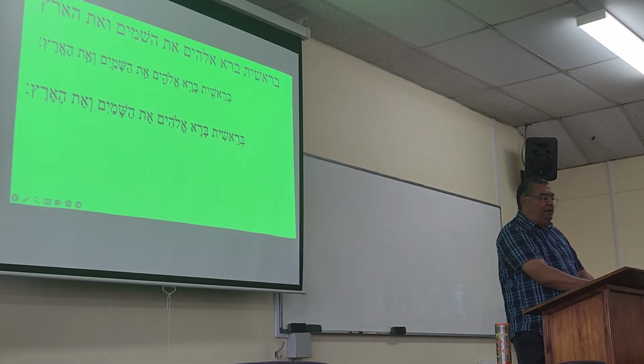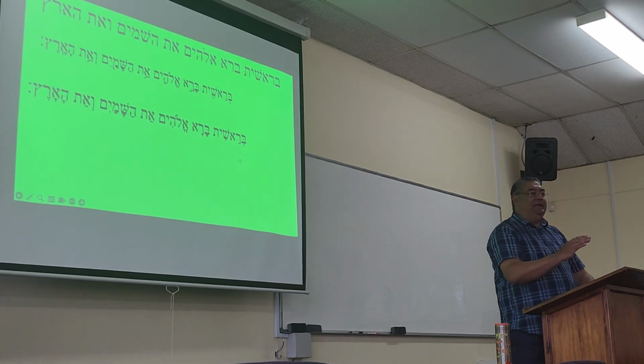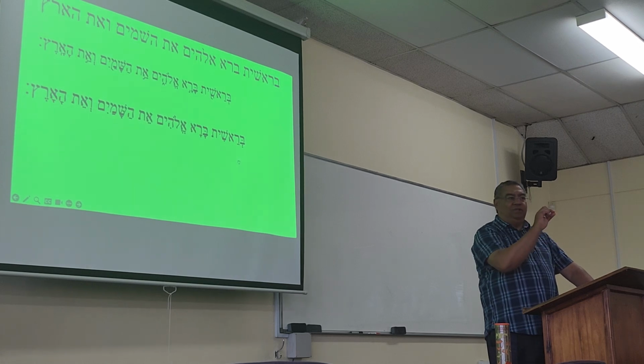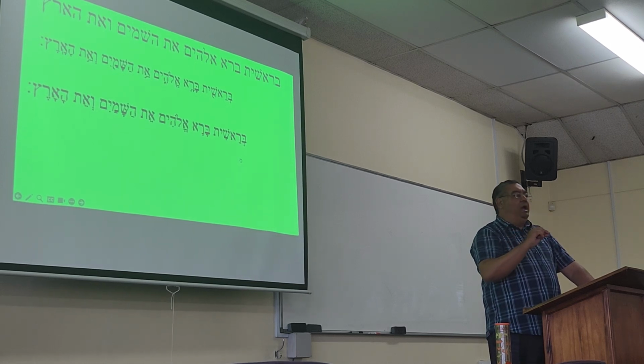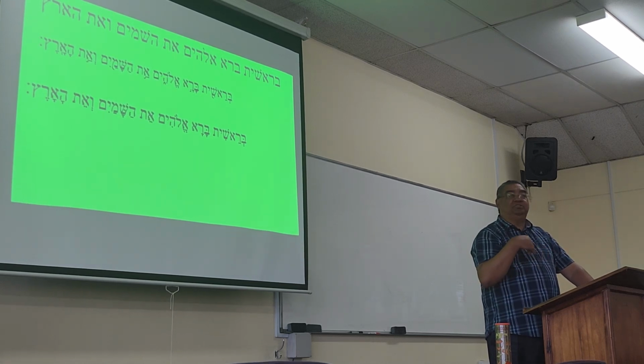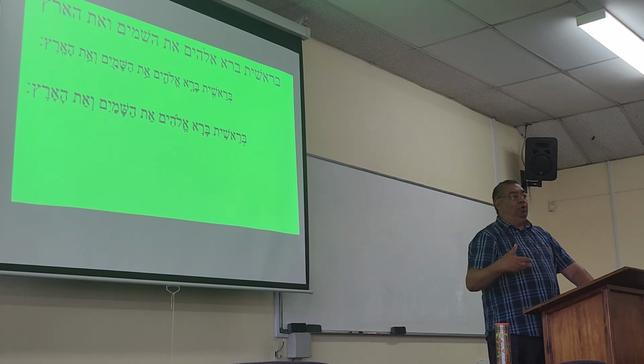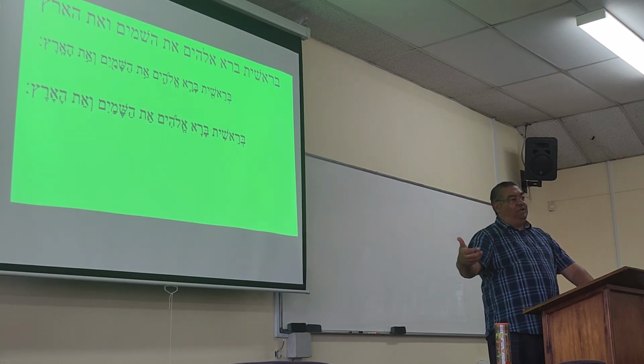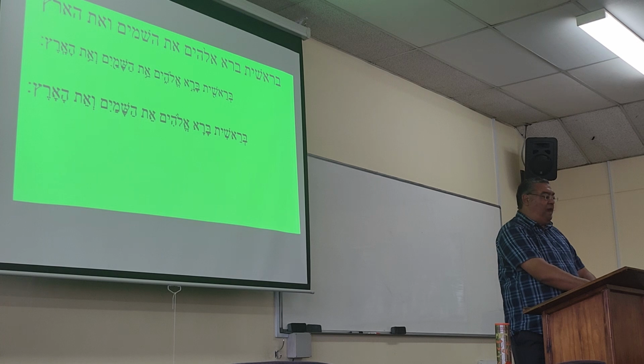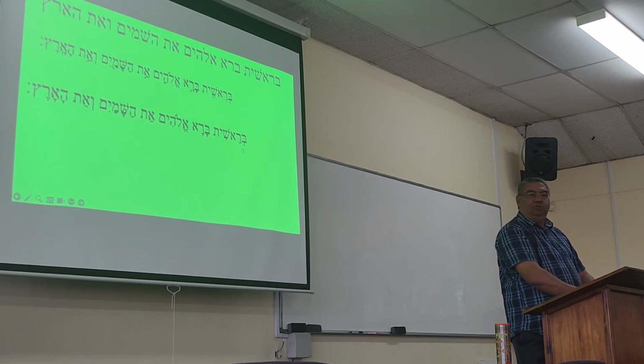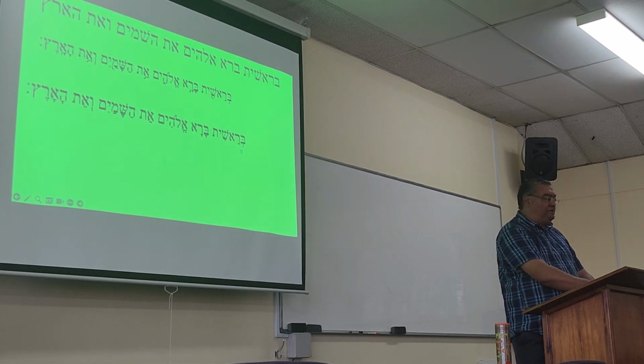Then you've got a resh, and under the resh there is a colon on its side, two dots, which indicates a long E sound. Under the aleph there is no vowel, so the aleph is silent.